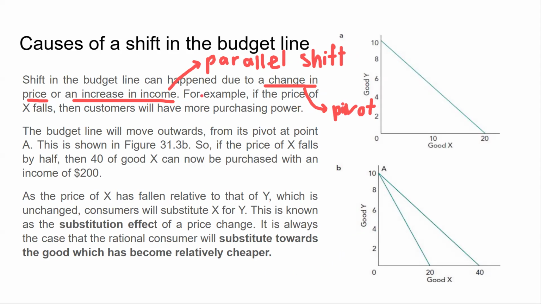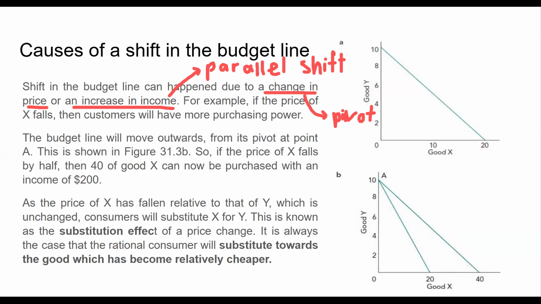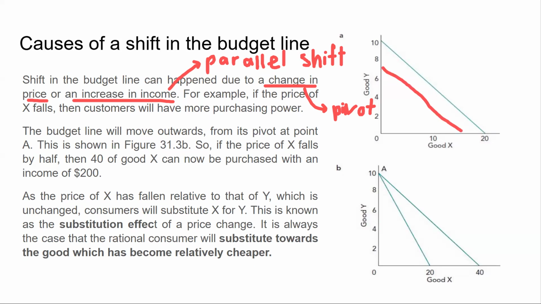So we have two conditions for the shift in the budget line. One is because of a change in price. One is because of an increase in income. If it's an increase in income, it will be a parallel shift. For example, if this is budget line 1, and this is BL2, this will be considered a parallel shift.